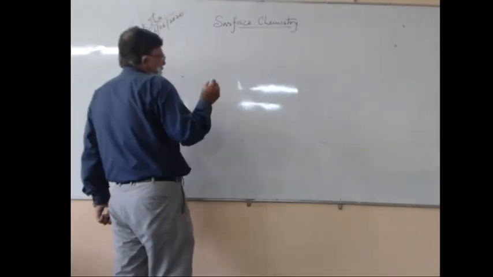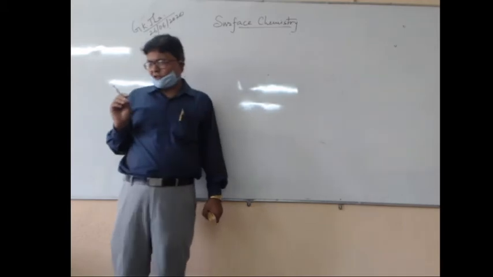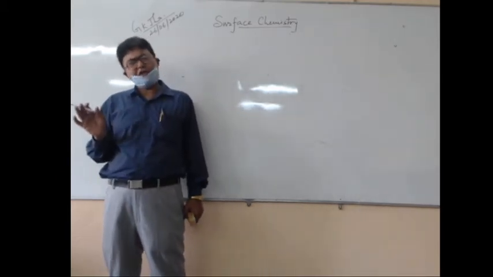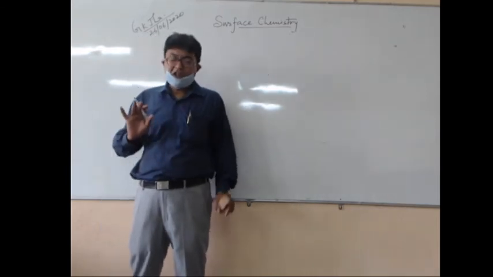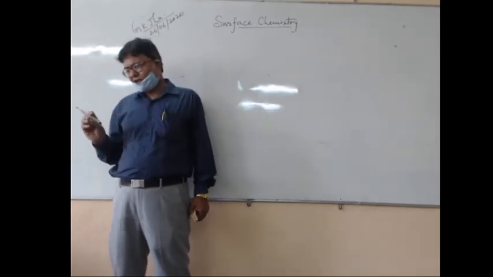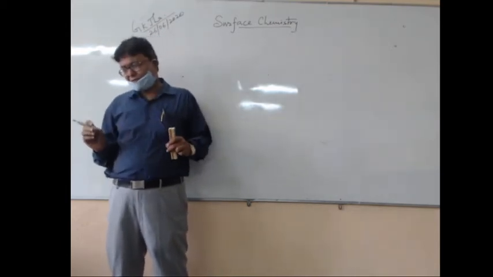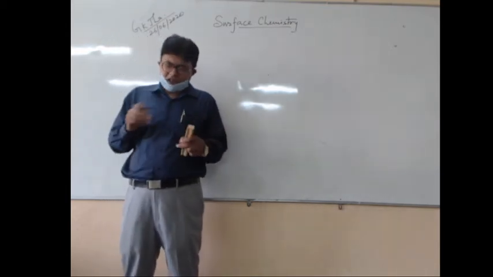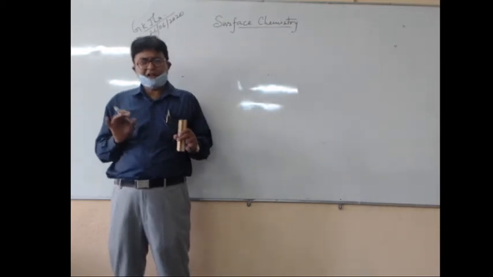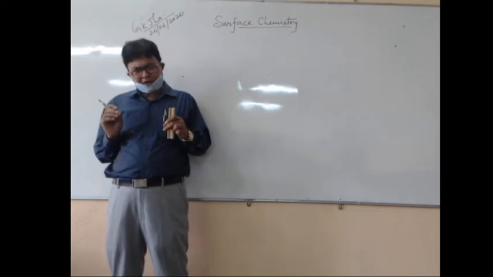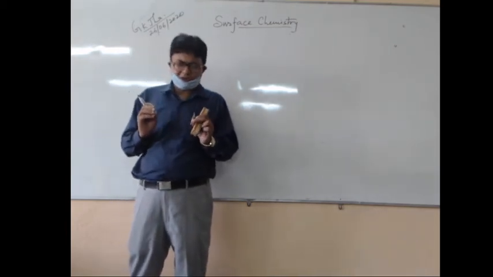Now, we are clear about the term adsorption. Larger concentration of a substance on the surface of another substance is adsorption, and absorption is the same concentration throughout a substance. So absorption is a bulk phenomenon, while adsorption is a surface phenomenon.